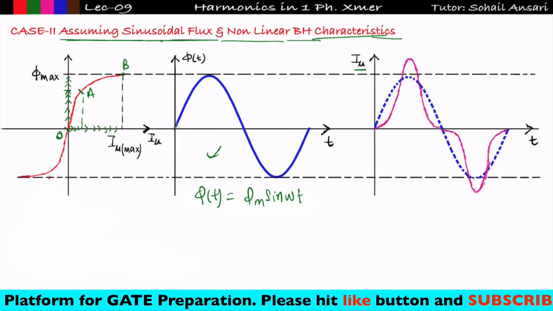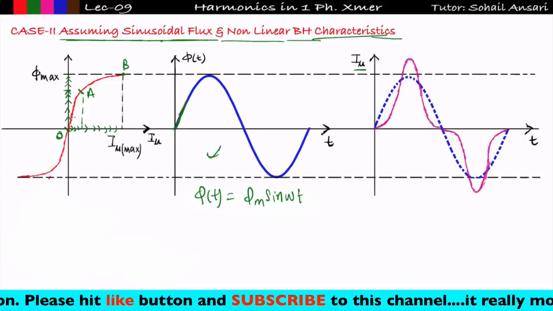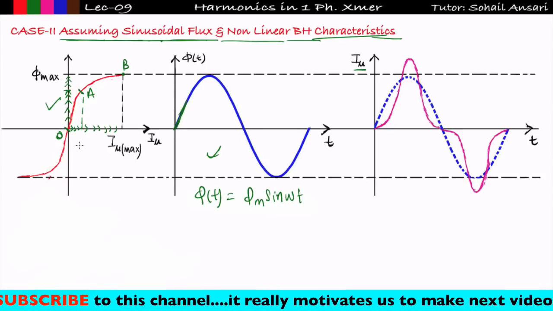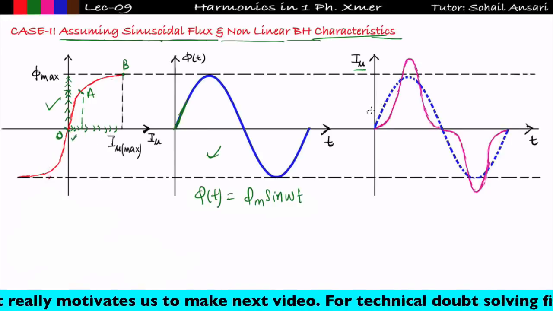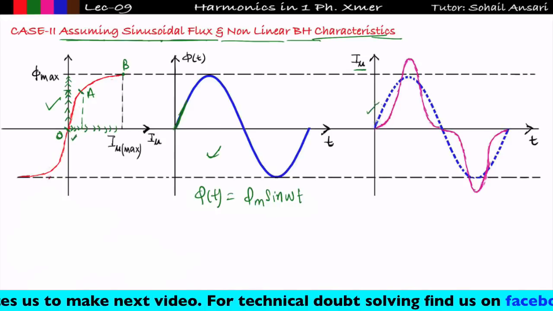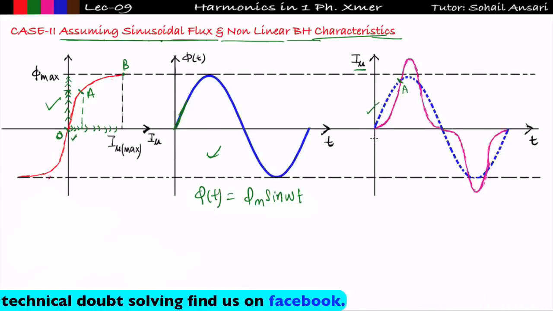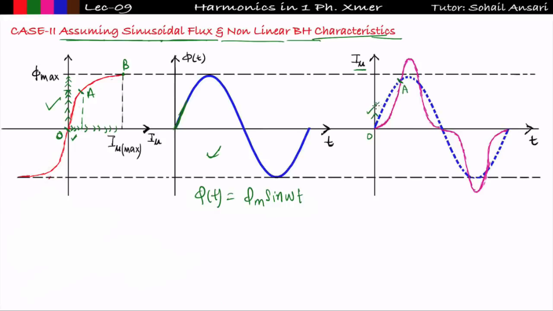Now see, initially phi t is increasing at a very fast rate. From the BH characteristics, initially the flux is increasing at a very fast rate and I mu is increasing at a very slow rate. If I consider this blue dotted line of flux, the flux is increasing at a very fast rate. This is point A and this is point O. From point O to A, you can see the flux is increasing at a very fast rate.